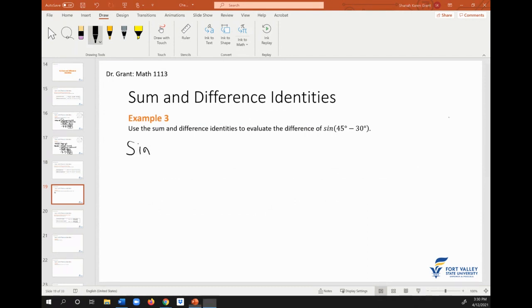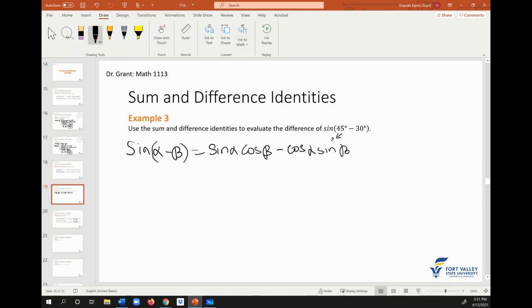So we know that sine of alpha minus beta is going to be equal to sine alpha cosine beta minus cosine alpha sine beta.